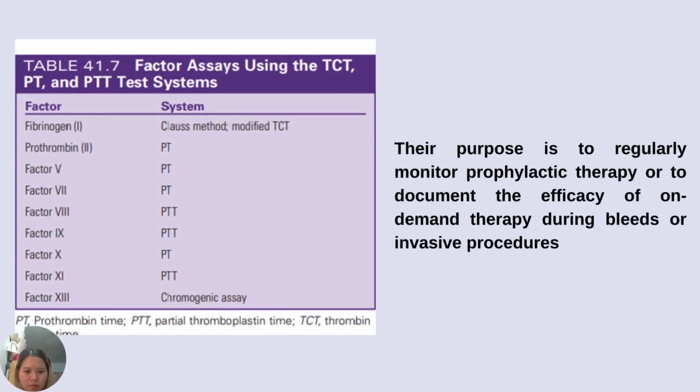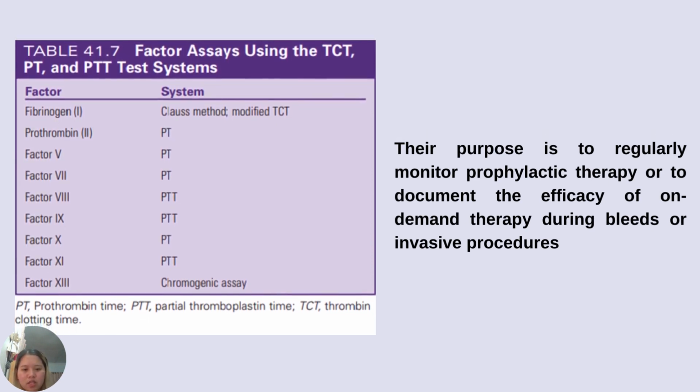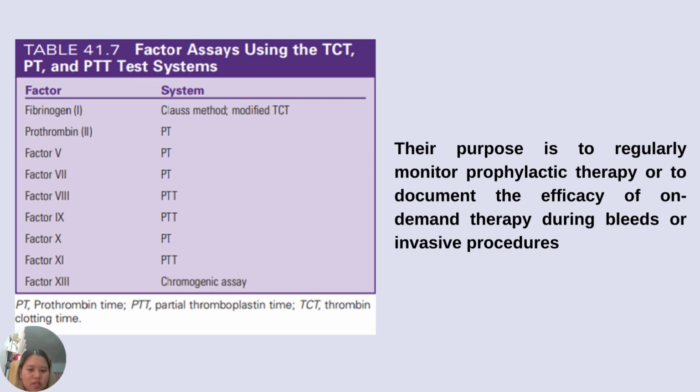So in this table, factor assays using the TCT, PT, and PTT test systems. For fibrinogen 1, the system is the closed method and modified thrombin clotting time. Then prothrombin 2, the system is prothrombin time.